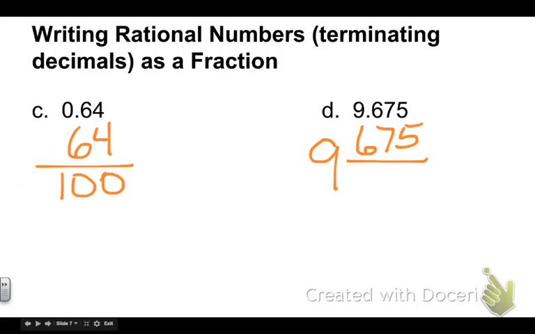And then what place value is that 5 in? It's the tenths, hundredths, thousandths. 9 and 675 thousandths. So that would be my fraction. Could we reduce that in simplest terms? Absolutely, but I am not worried about that right now. Alright, I just want to practice putting it as a fraction.